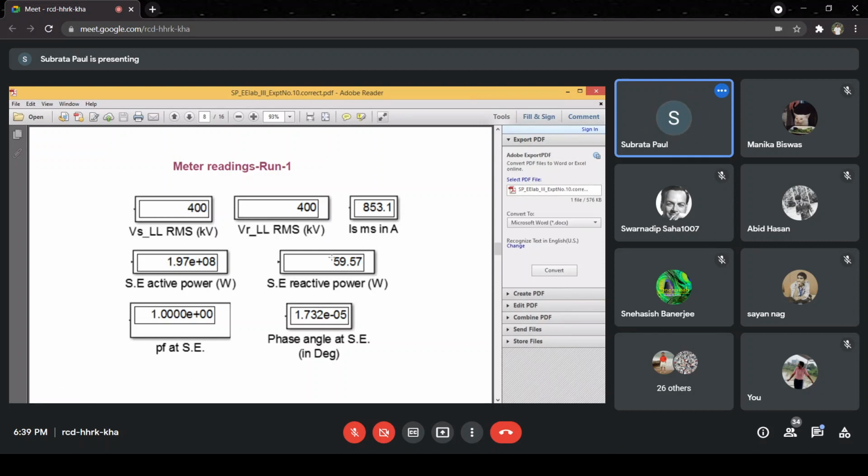However, this is because of some numerical calculation error. It is zero, but you can note that this value is almost negligibly small compared to its active power. Where it is 197 megawatt, this is only 59.6 watt.